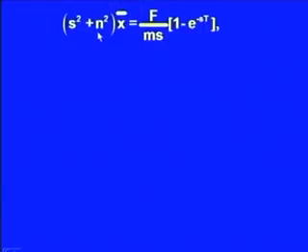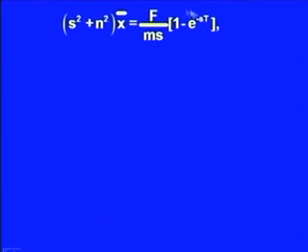So, making use of those initial conditions, we get the Laplace transform of the equation of motion as s square plus n square into x bar equal to F over m s into 1 minus e to the power minus s t. On the right hand side, the Laplace transform of 1 is 1 over s, and Laplace transform of u(t minus t) is e to the power minus s t over s.